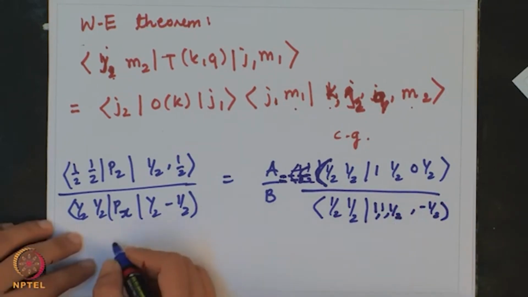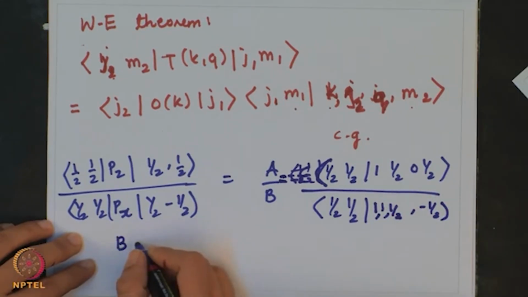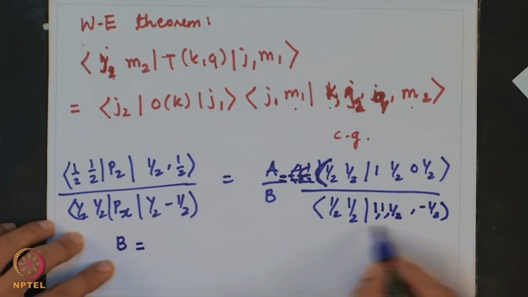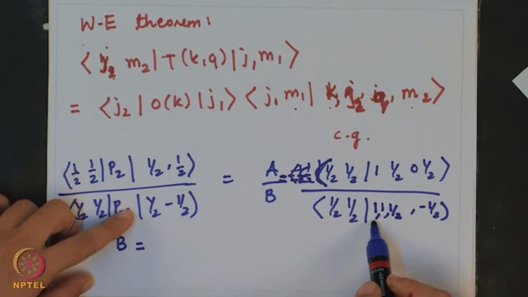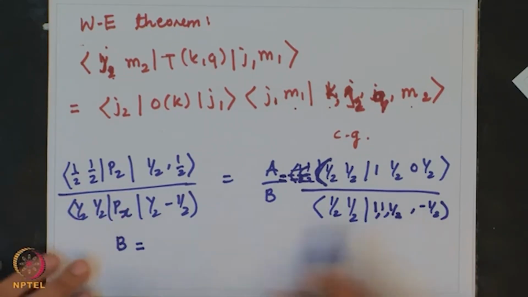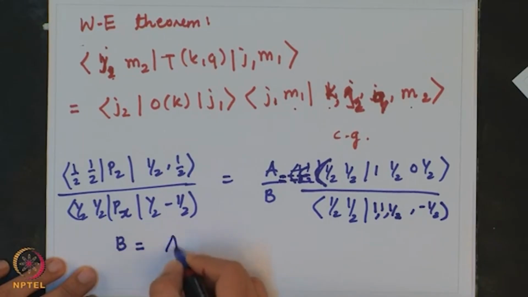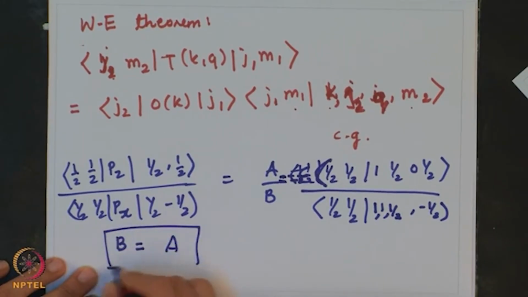You can evaluate these using the CG table. So, B you will find is equal to A.